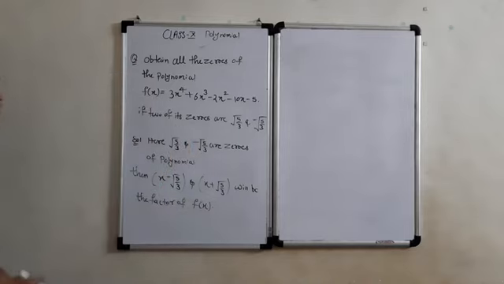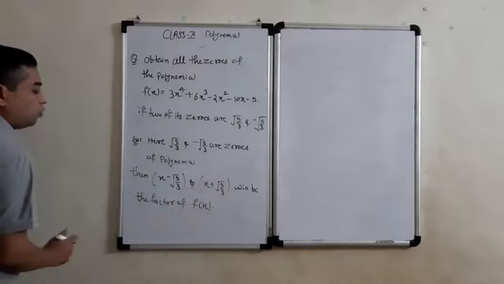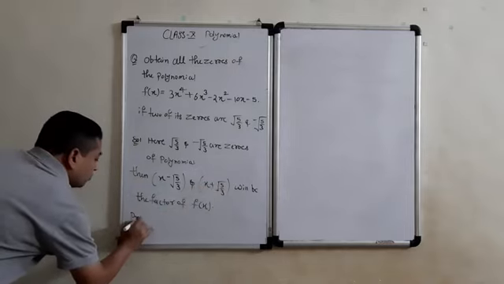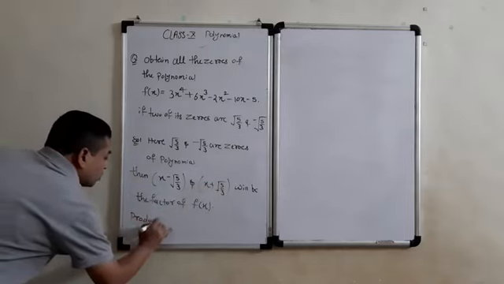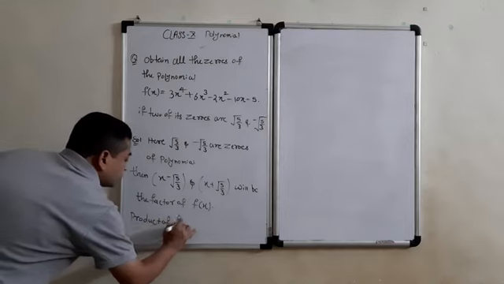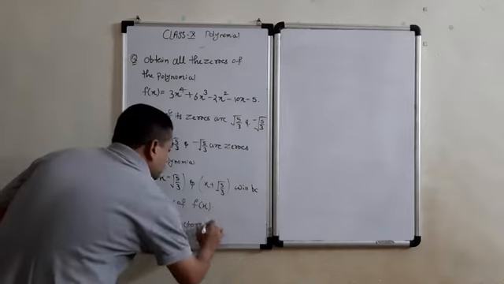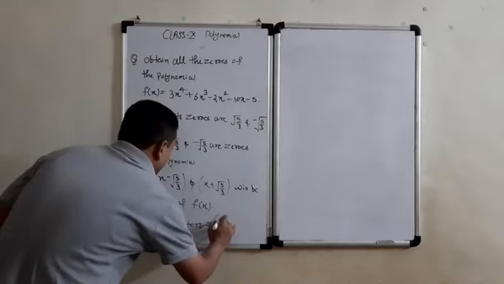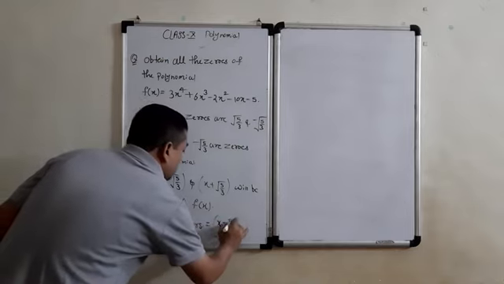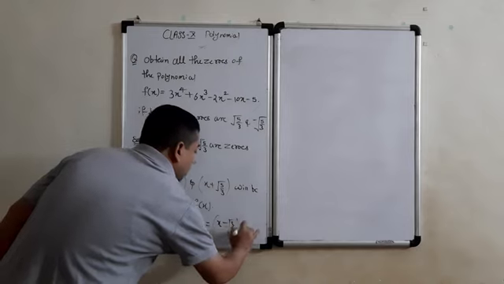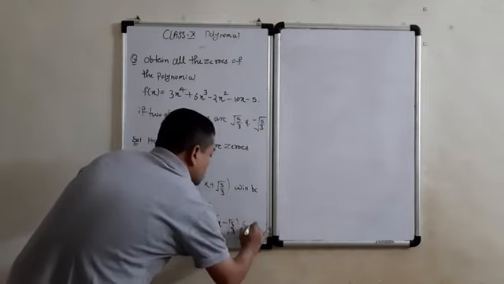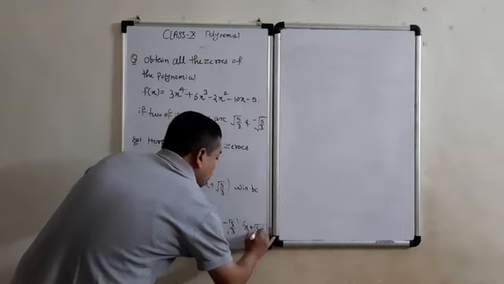So now we will find the product of given two factors. Product of factors, so that will be equal to x minus root 5 by 3 into x plus root 5 by 3.